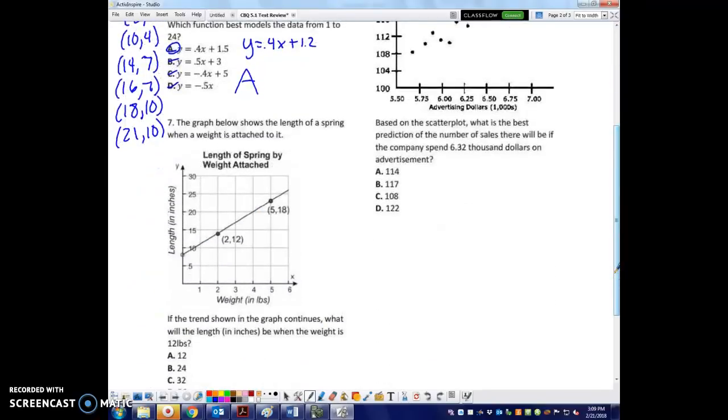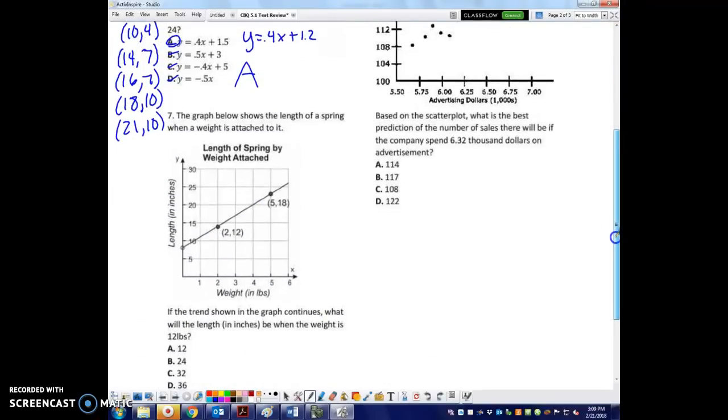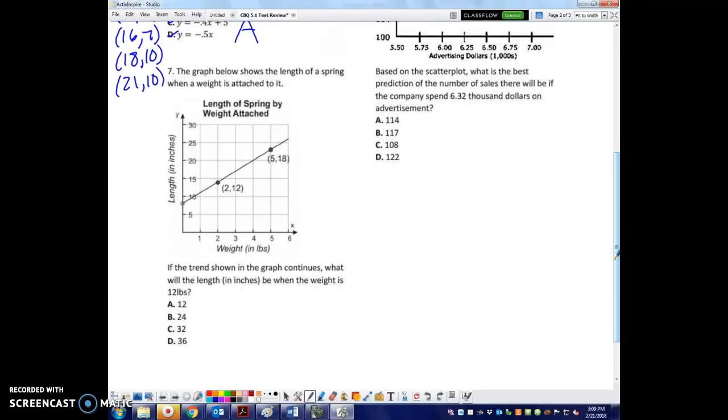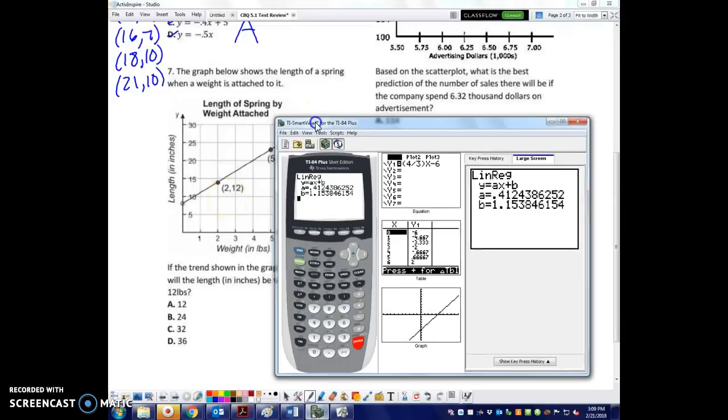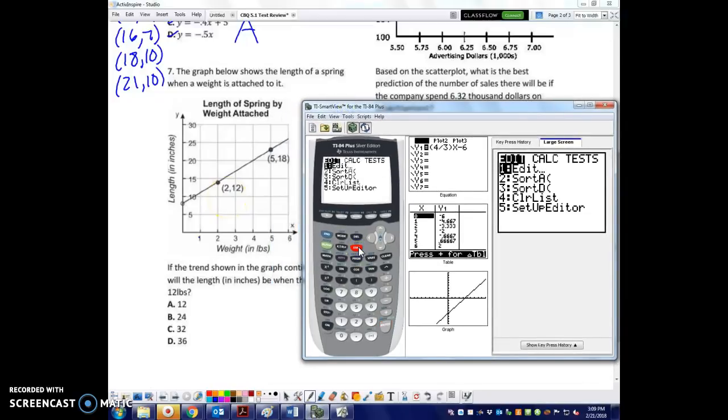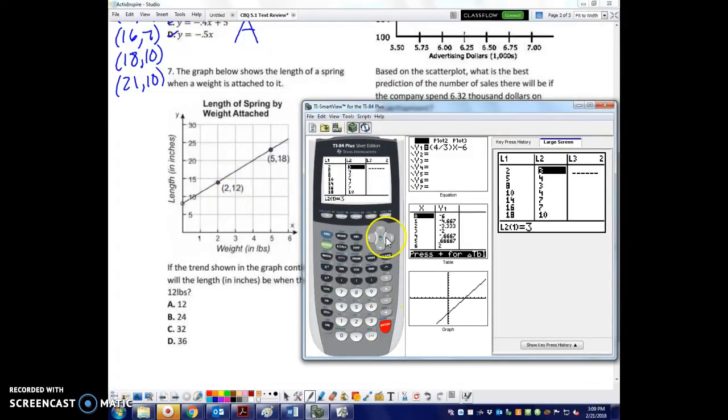Number 7, the graph below shows the length of a spring when a weight is attached to it. If the trend shown in the graph continues, what will the length in inches be when the weight is 12 pounds? Okay, so we're just going to continue. We can find that equation with those points in stat. That would be my first choice. So stat, edit, let's clear those out.